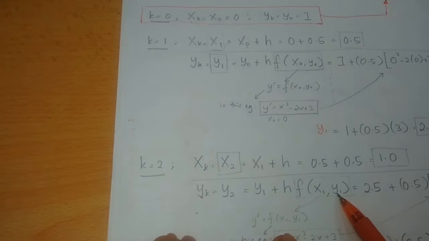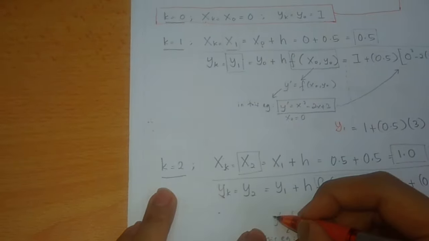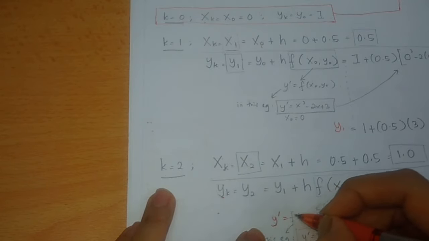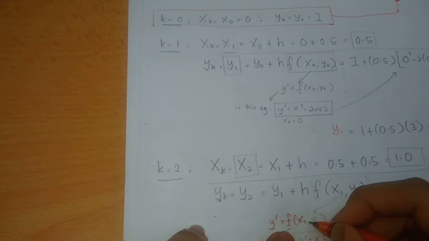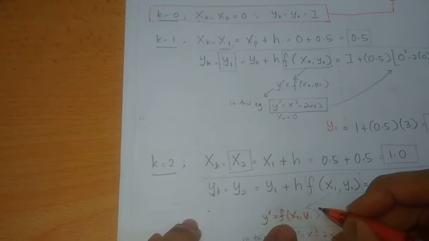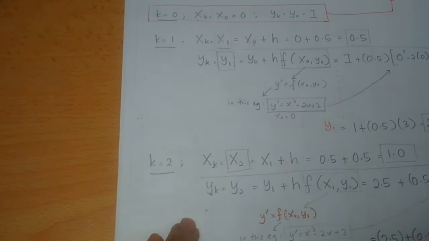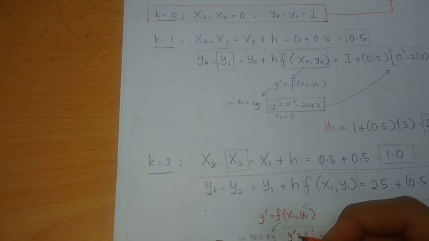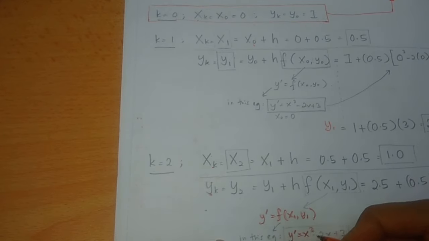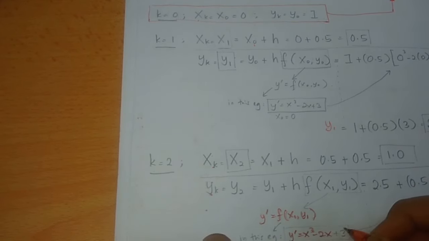Remember that f(x1, y1) is coming from this one. In this example, again, y prime is x cubed minus 2x plus 3.